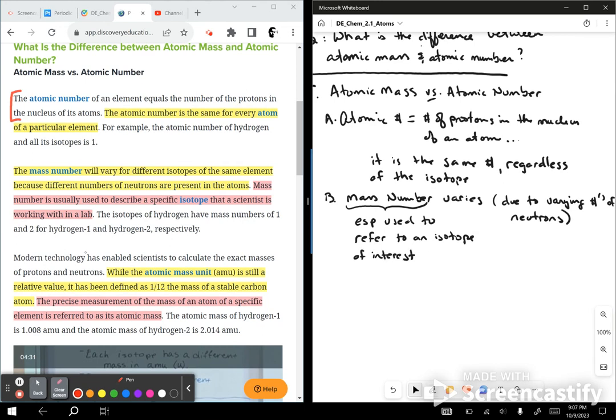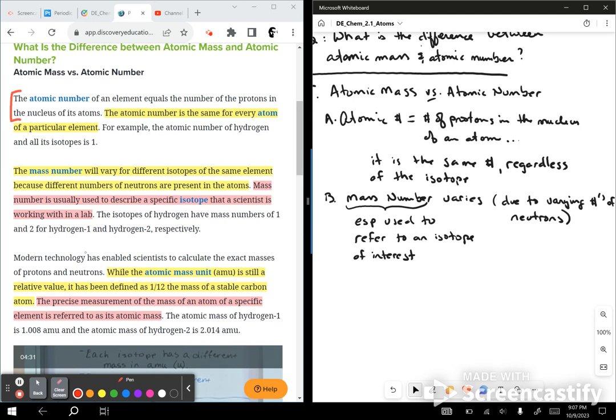This could be like what the researchers are looking for when they drill an ice core out of some sea ice, perhaps, and they're looking for a particular oxygen isotope, right? Then they would be referring to it by its mass number, oxygen 16 or oxygen 18 or whatever, right?